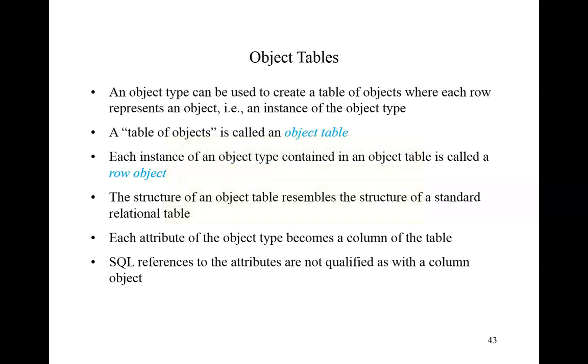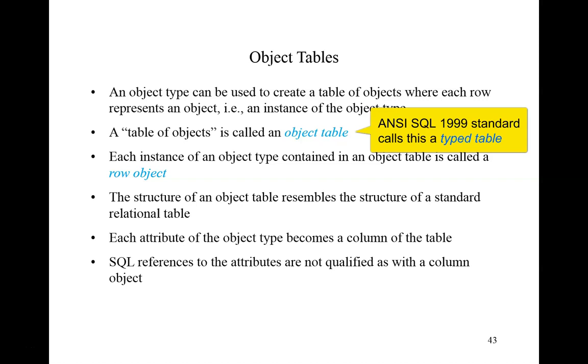In an object table, each row represents an object, which is referred to as a row object. A table of objects is called an object table. However, the ANSI SQL 1999 standard refers to this as a typed table. Each instance of an object type contained in an object table is called a row object.